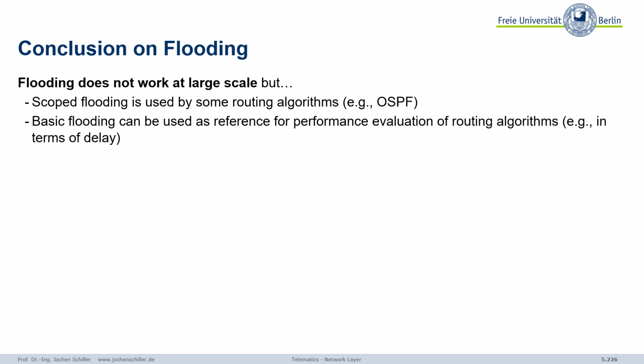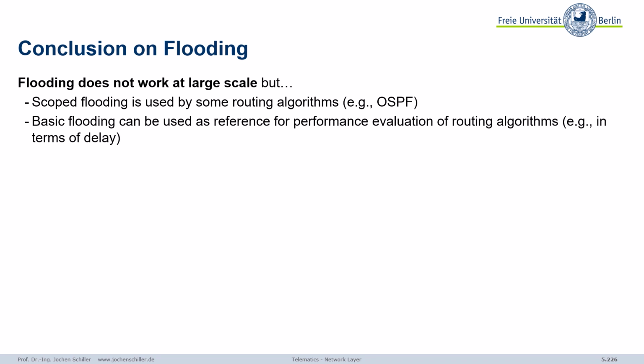And we can always use flooding as a reference for performance evaluation of routing algorithms, because we know flooding always finds the shortest or best path, since flooding basically finds all the paths that make sense. So yeah, we do duplicate detection, all these things, but if there's a path, flooding will find it. This is why flooding can be used to compare your nice routing algorithm with.